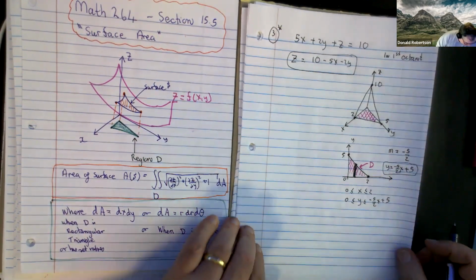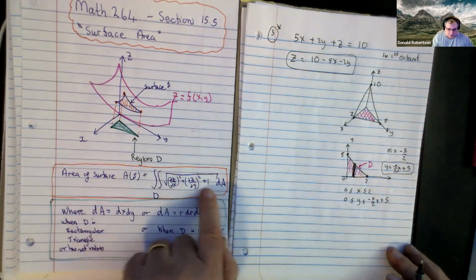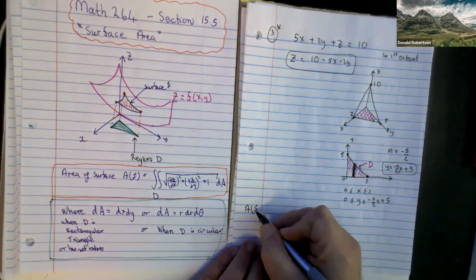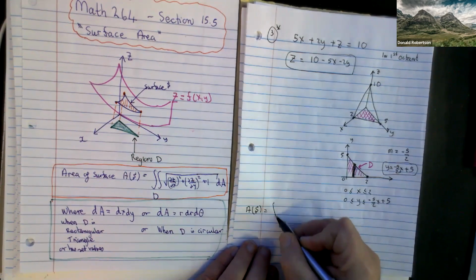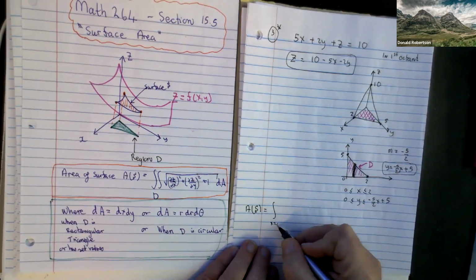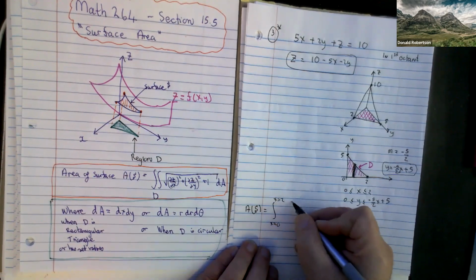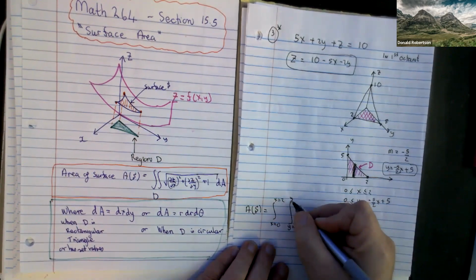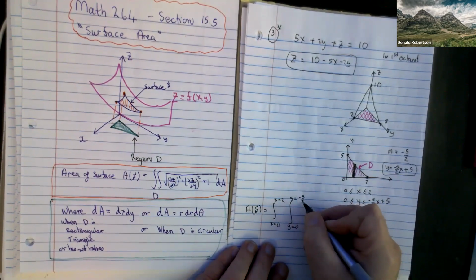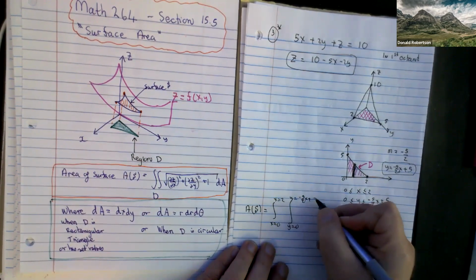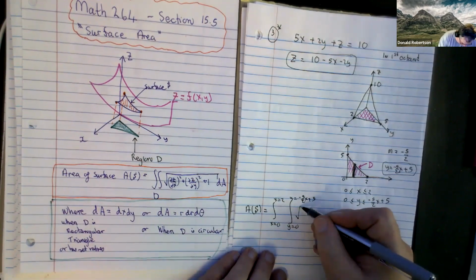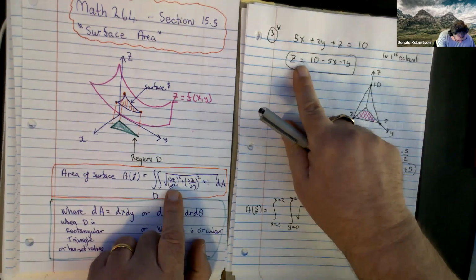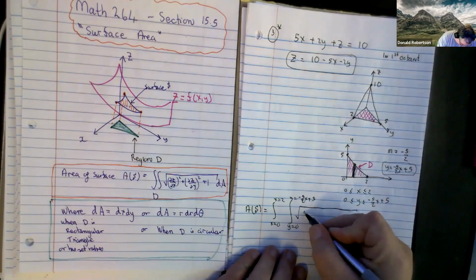Okay, now we have everything that we need. We can apply this formula. The area of the surface is going to be the integral from x equals 0 to 2, the integral of y equals 0 to that ugly straight line equation that we just found, the square root of, well, if you differentiate z with respect to x, you get -5.